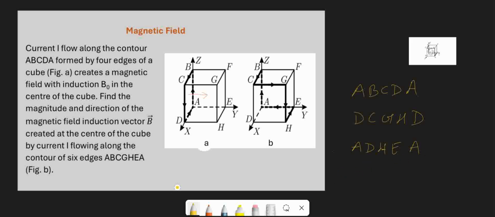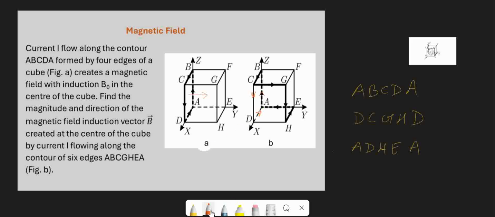And now if you look closely, our contour A, B, C, D, A contains this already present current A to B, B to C, and C to D is not present, and then D to A also not present.